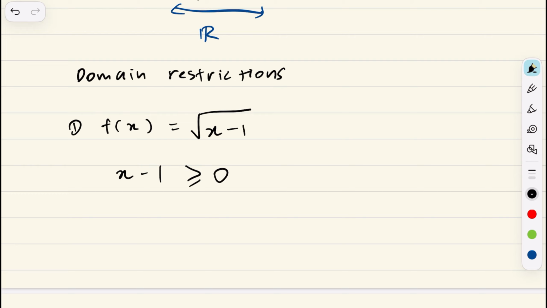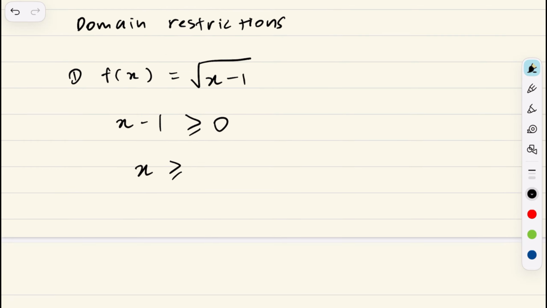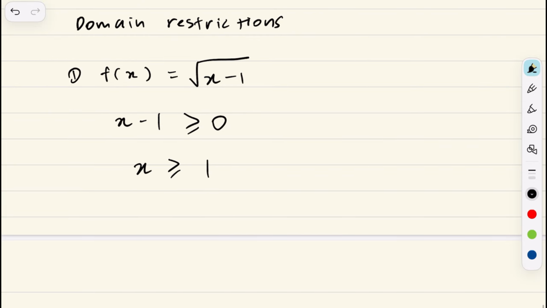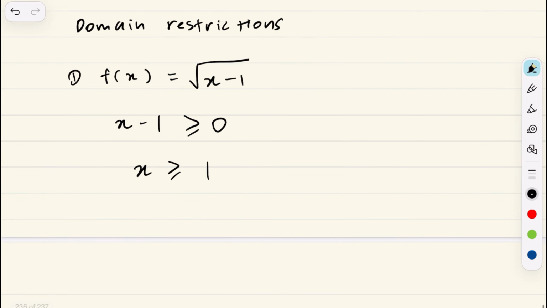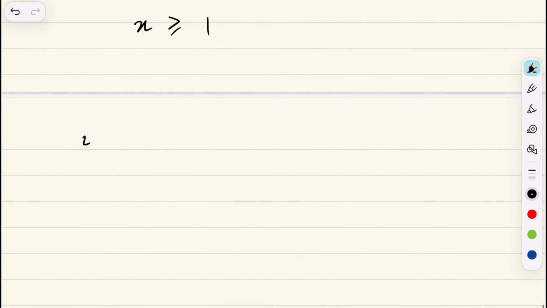It can be 0, but it can never be less than 0. We move the negative 1 to the other side, so negative 1 becomes positive 1. So x is always greater than or equal to 1. So this is the restriction of the domain for this function. The domain will always be either 1 or any number that is greater than 1.